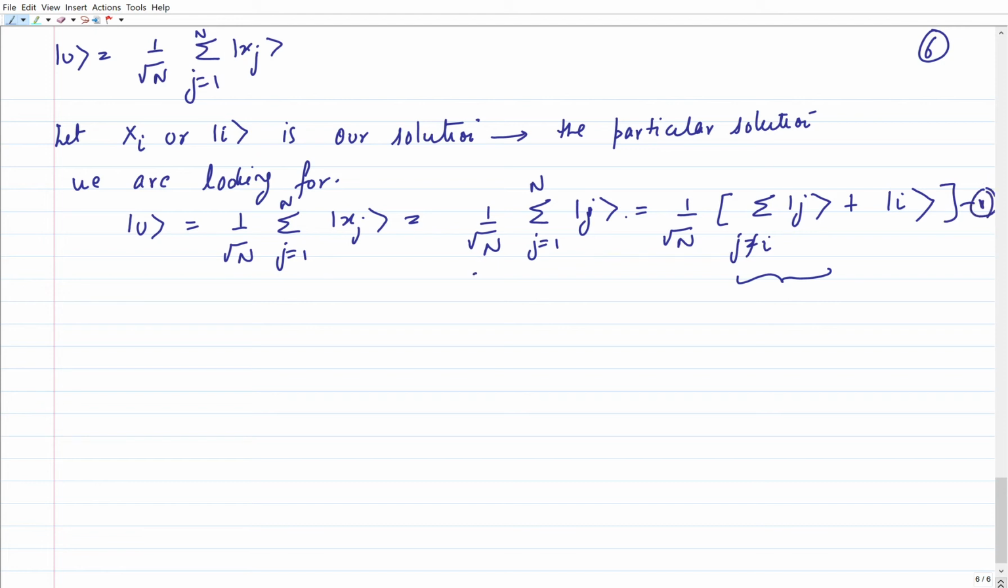I'm just decomposing a state which was a superposition of all the entries into something which was not the solution and something which was the solution.